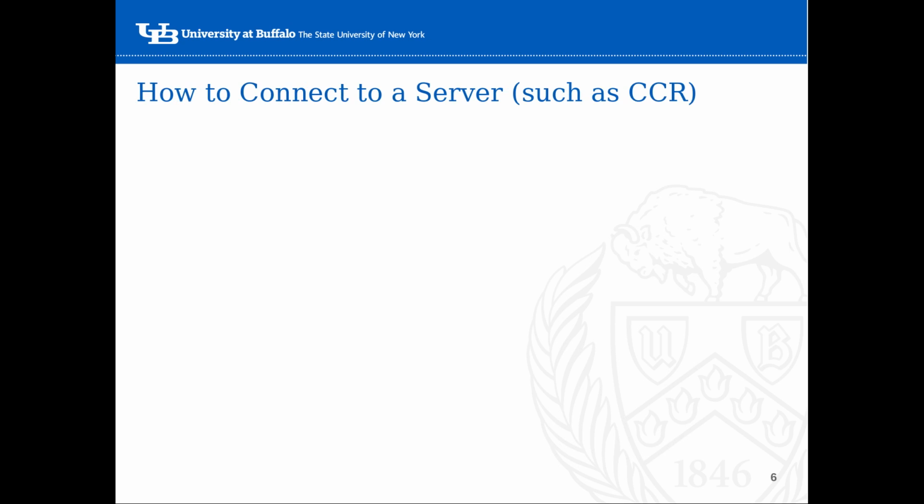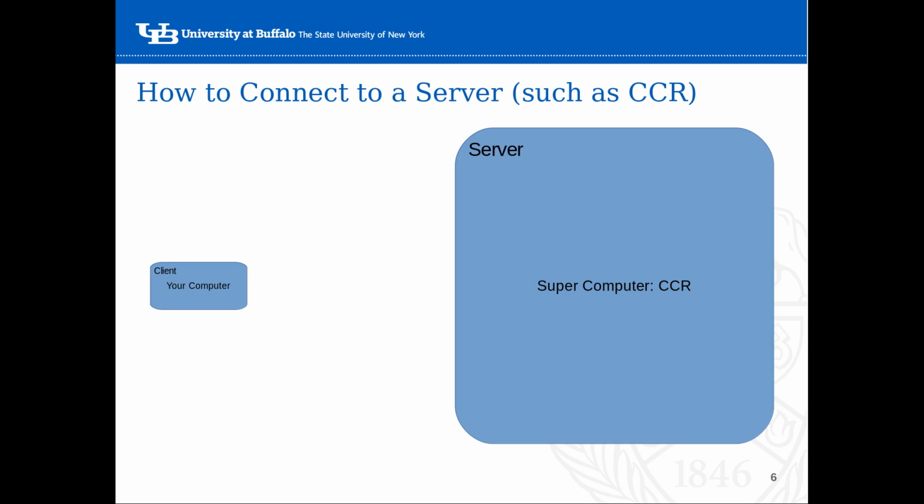So let's go back and see how we can connect to a server such as the CCR we have here. On the left-hand side is your computer. We usually call it the client. It's a small computer, maybe your home computer. And the right-hand side is the supercomputer, very large. We call it the server, but it's not necessarily a super one. You can make your home computer a server too.